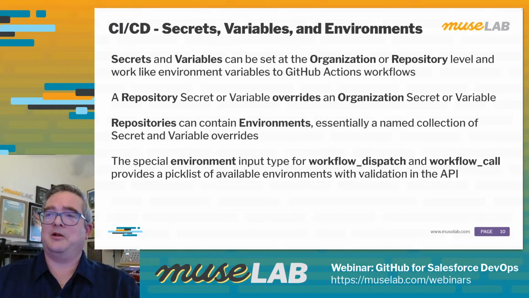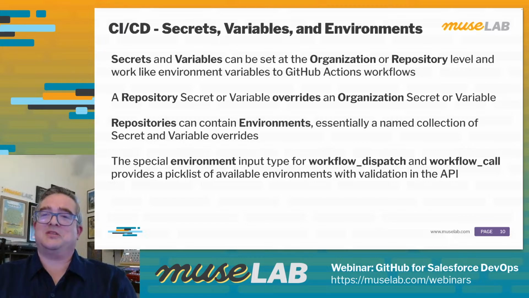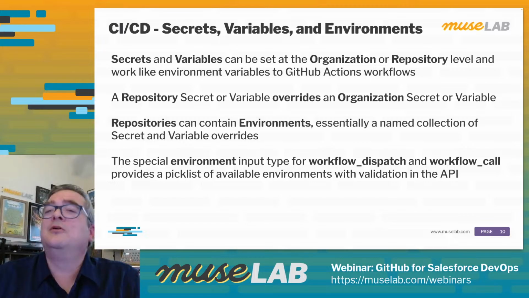So when you run an action against that environment, it would override that variable. You don't need separate scripts. You can use the same scripts with the same variable names using environments.